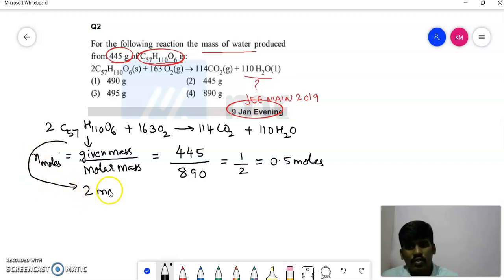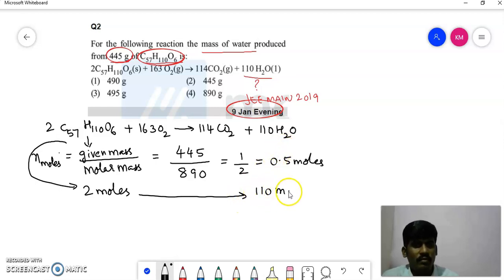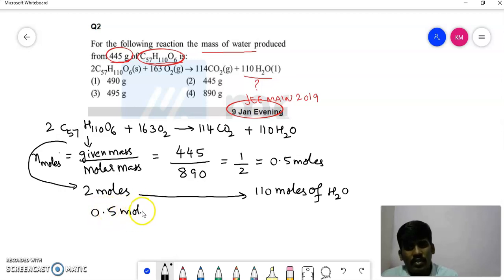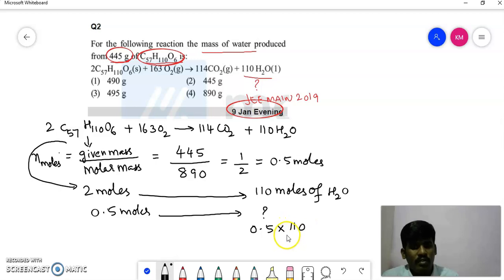Just to check it: 2 moles of the hydrocarbon give how many moles of water? 110 moles of water. But here, how many moles of hydrocarbon do we have? As per the question, 0.5 moles. So 0.5 moles gives how many moles of water? That will give you 0.5 into 110 upon 2.